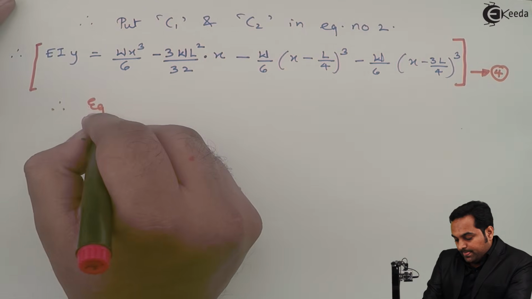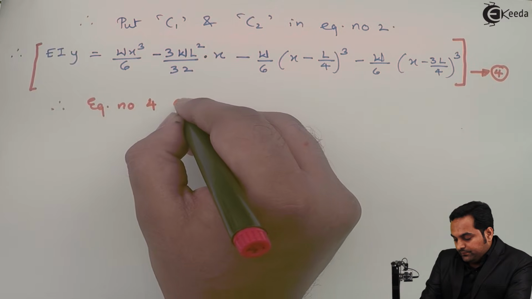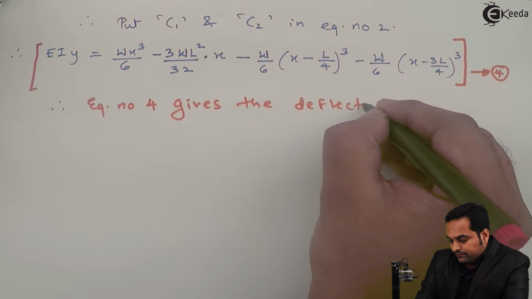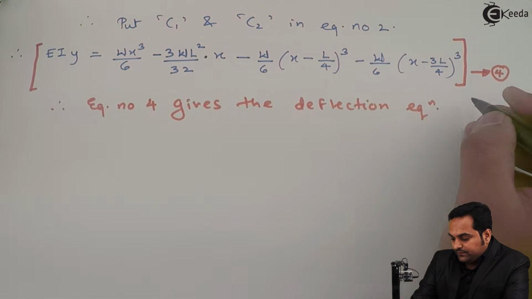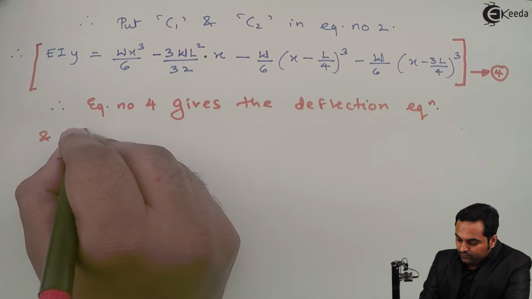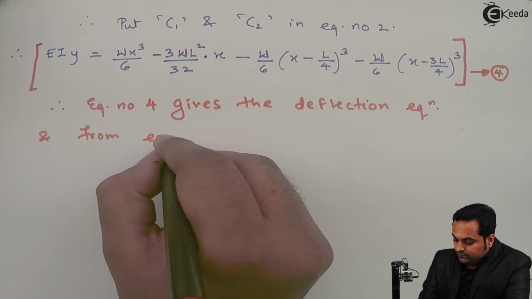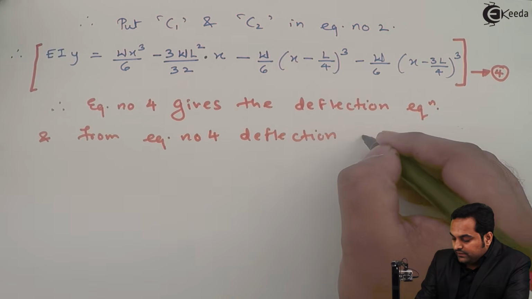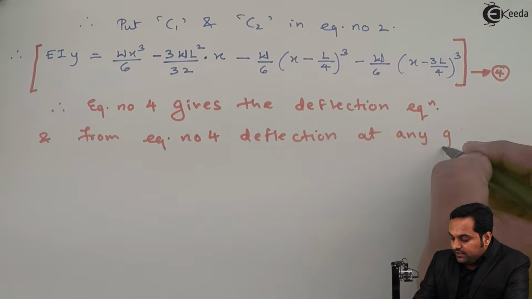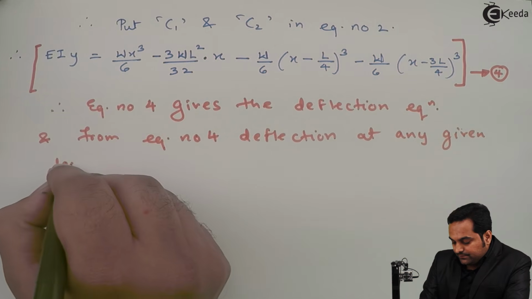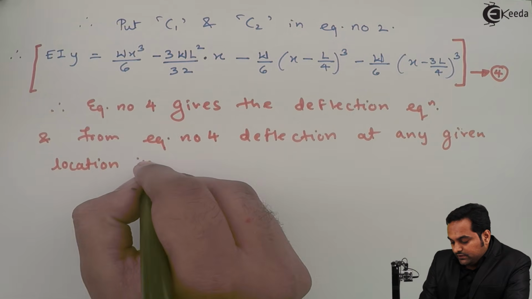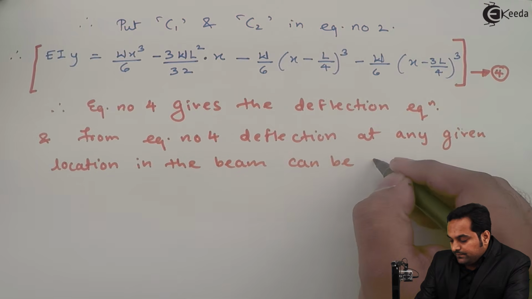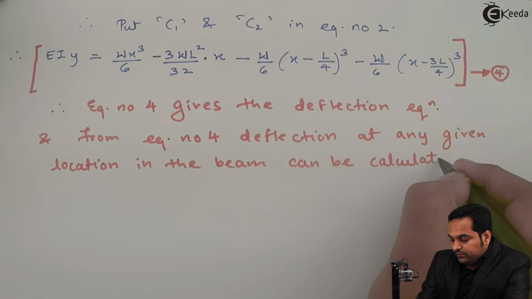So therefore equation number 4 gives the deflection equation, and from equation number 4, deflection at any given location in the beam can be calculated.